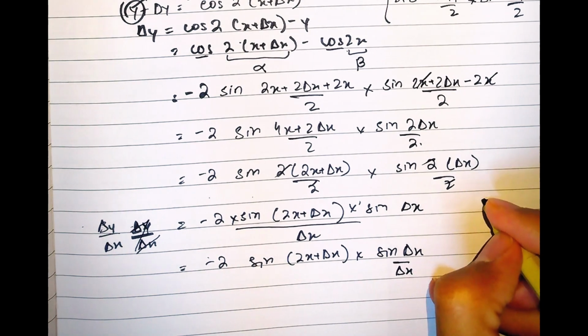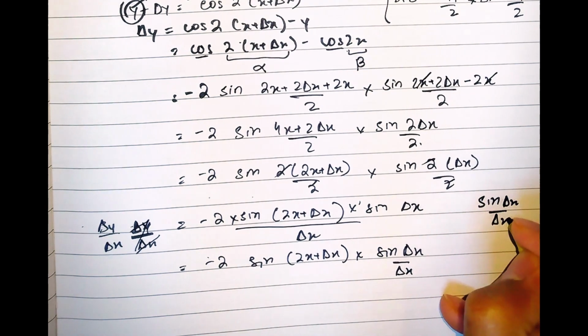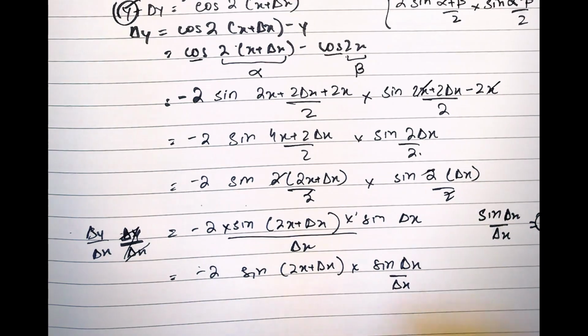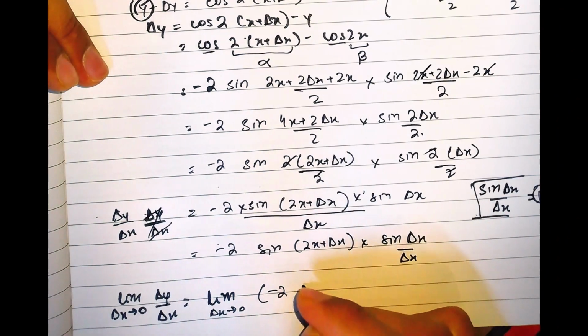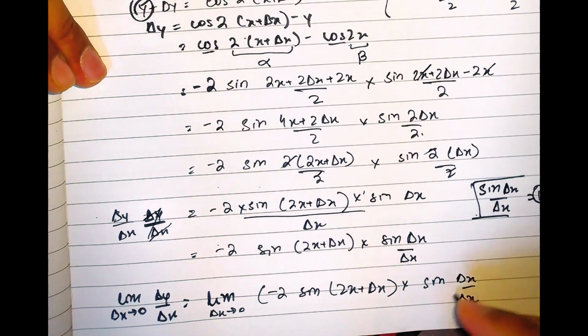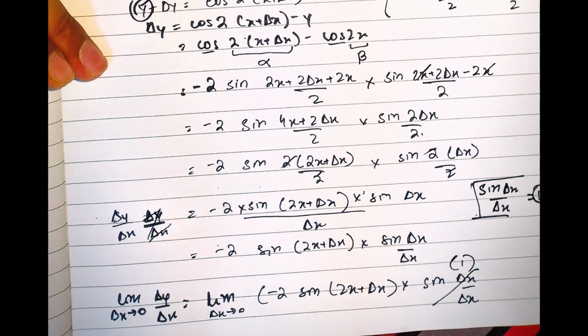Because there's an identity: if sine delta x is over there and there's a delta x in the denominator, it would be equal to 1. That's an identity. So this would be 1.